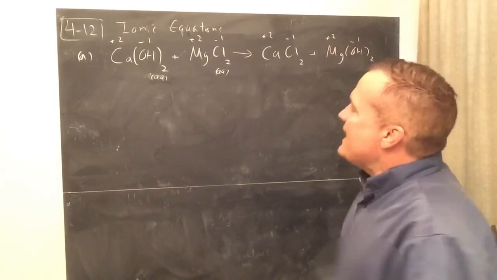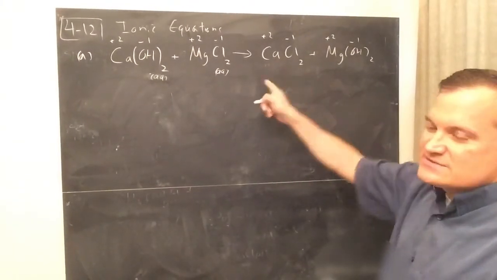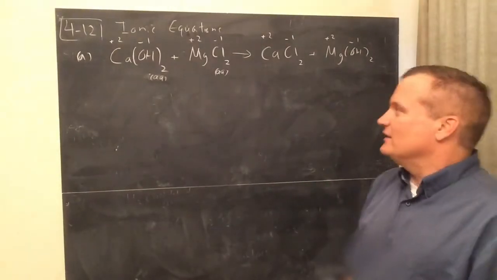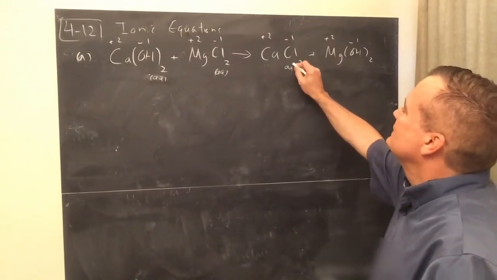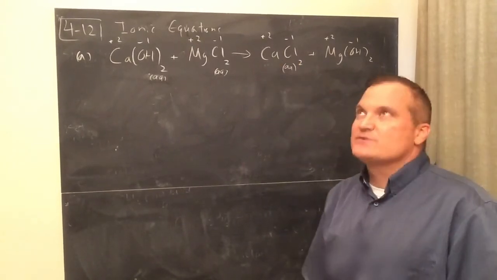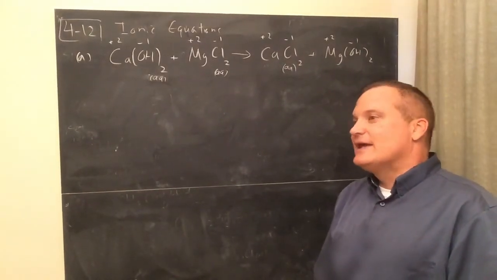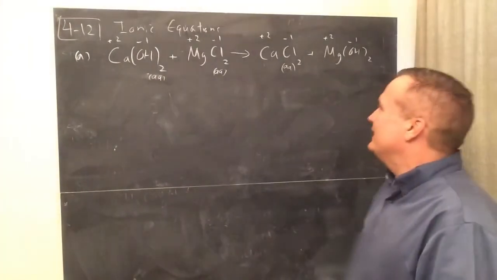Mg(OH)2. Now, solubility rules. Calcium chloride, is it going to be aqueous or solid? Okay, calcium chloride will be aqueous. Because remember, the only chlorides that would precipitate are silver, lead 2, mercury 1, or copper +1. Okay.